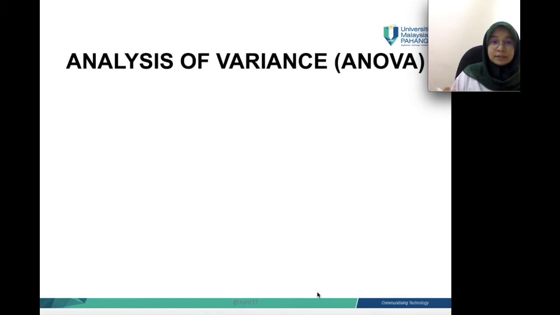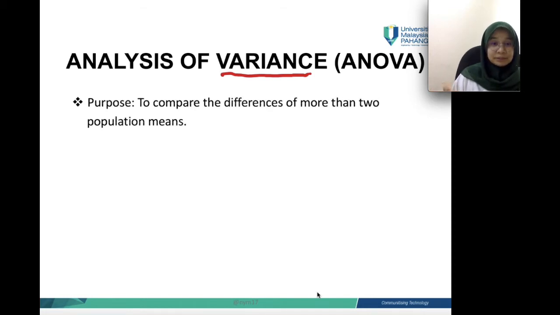What is ANOVA? ANOVA is the short form of analysis of variance. We make conclusions about the population means, but we use the variance. Normally we use variance to compare the groups. The purpose is we want to compare the differences of more than two population means.